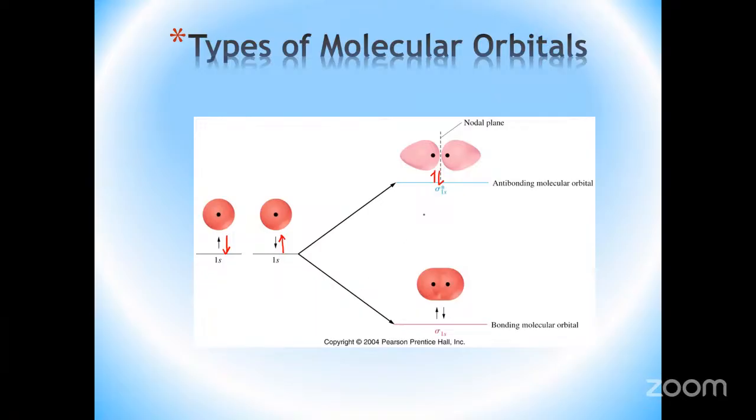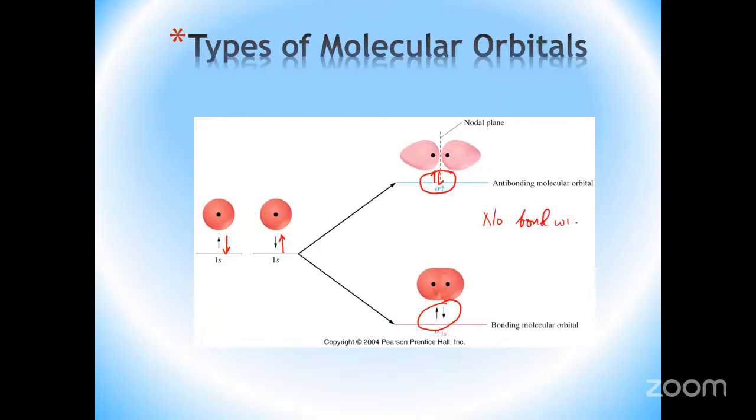All right, and what's going to happen is that the bonding effect that exists because these 2 electrons are in the bonding molecular orbital will be offset by the anti-bonding effects due to the 2 electrons in the anti-bonding orbital. So the result would be that basically no bond will be formed.